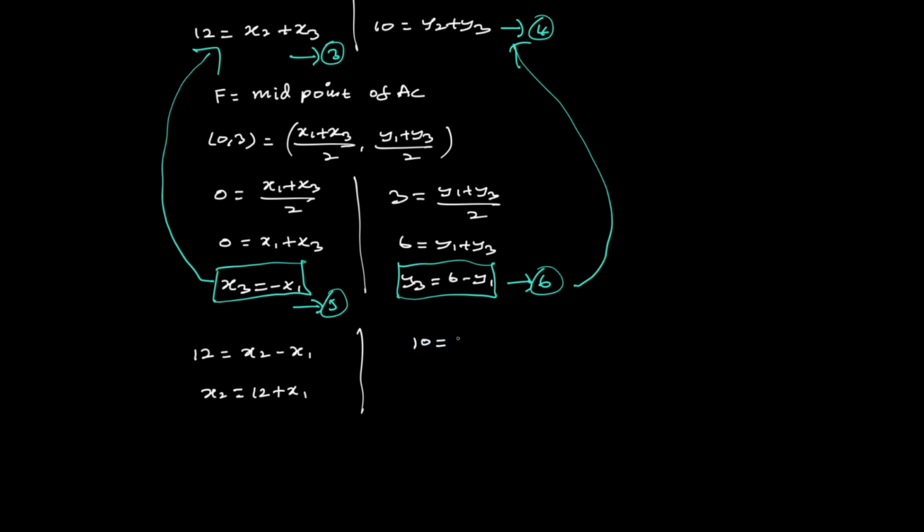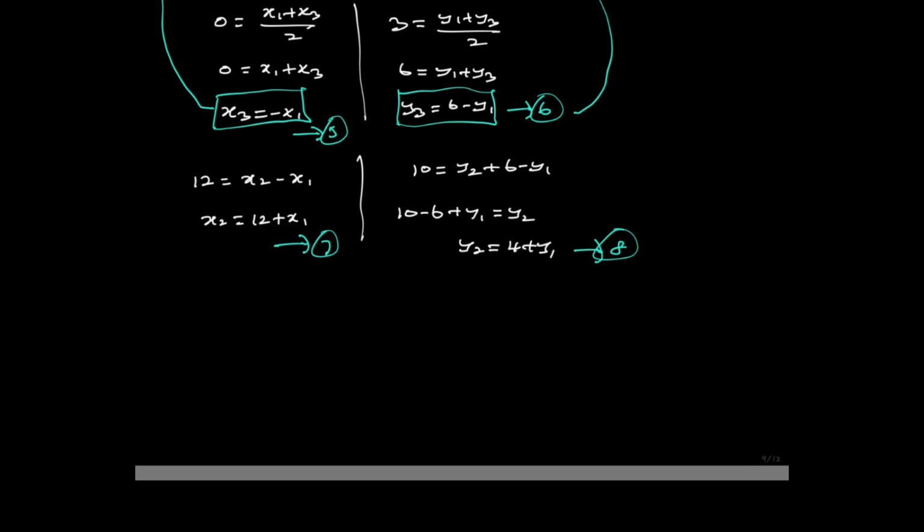So 10 equal to y2 plus y3, which is 6 minus y1. So from this we can find y2. So 10 minus 6 plus y1 equal to y2. So y2 equal to 4 plus y1. Now consider this is equation number 7 and this is equation number 8.